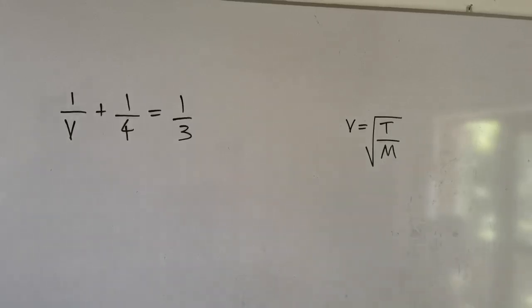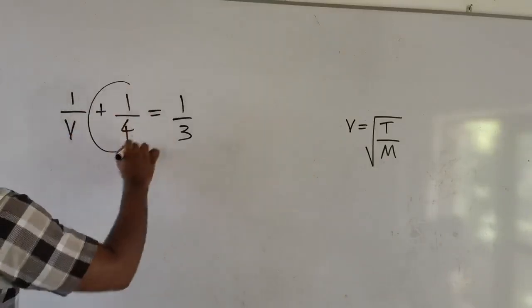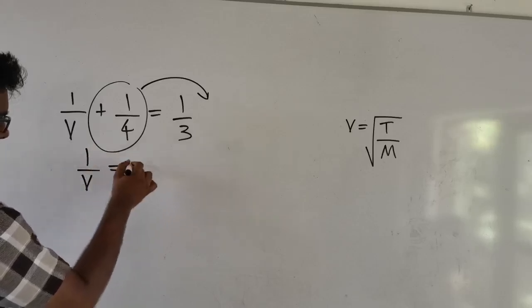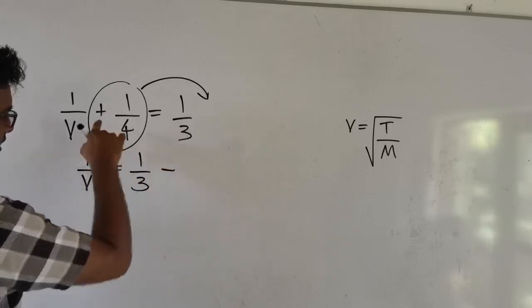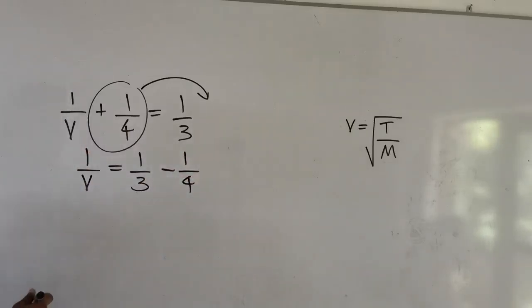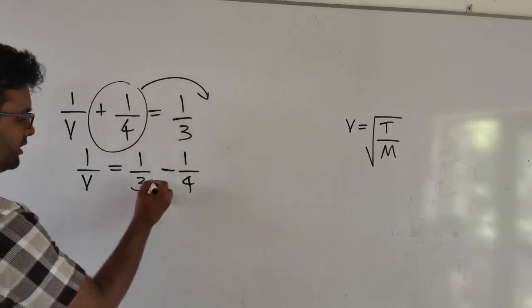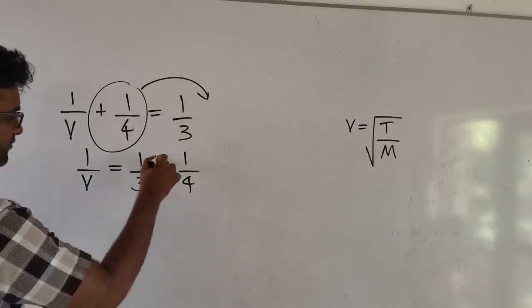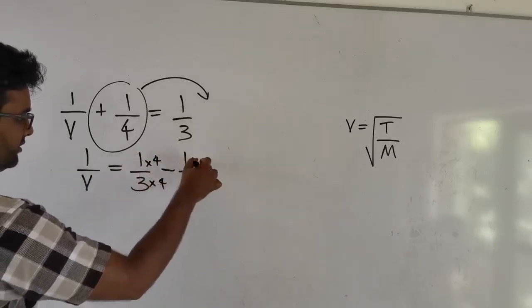Right, then the next one, we need to find v. So we can take 1 over v to the other side. 1 over v equals 1 over 3 minus 1 over 4. Then we can use a common denominator, right? We multiply both numerator and denominator by 4 and here by 3.